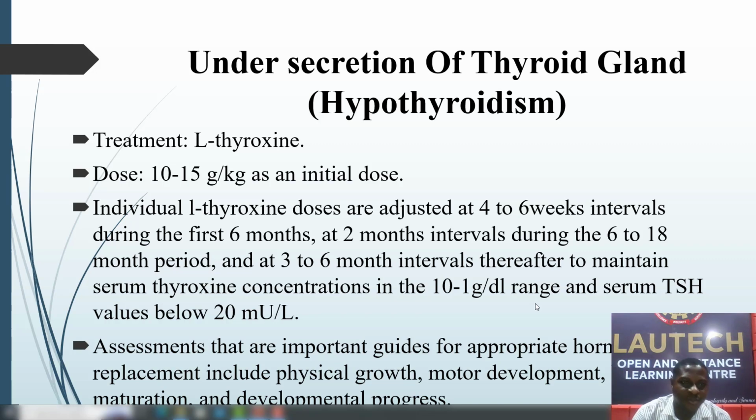Treatment of cretinism, L-thyroxine, dose 10 to 15 microgram per kilogram as an initial dose.